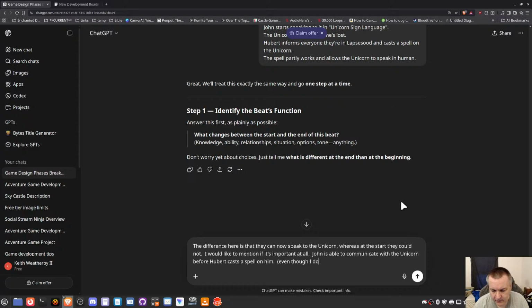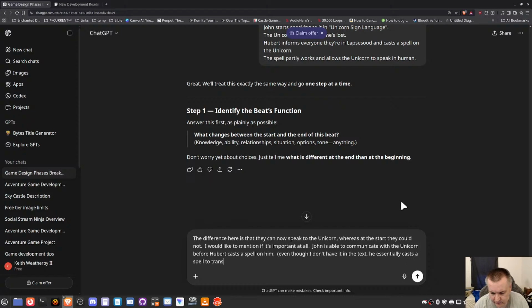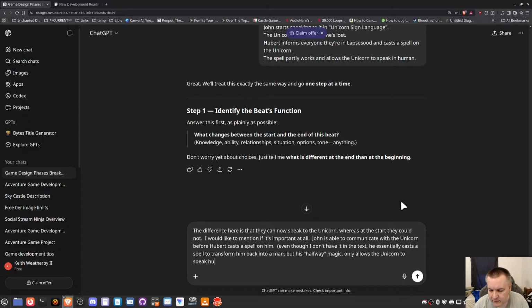Even though I don't have it in the text, he essentially casts a spell to transform him back into a man, but his halfway magic only allows the unicorn to speak human. Okay.